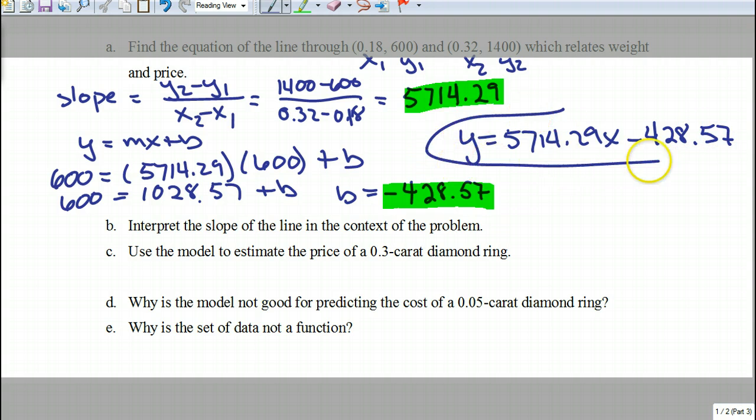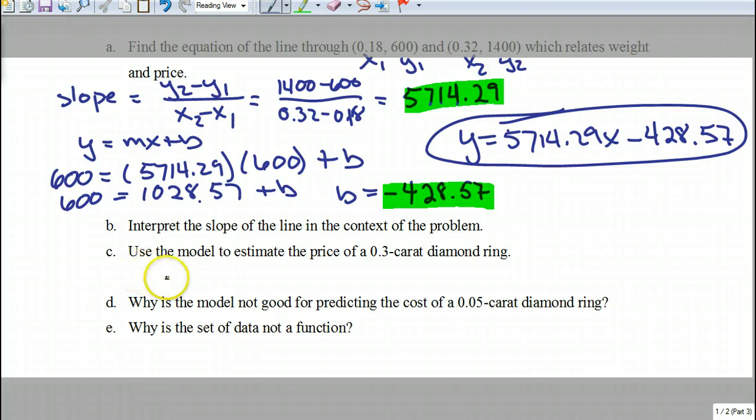So this is my equation. Part B says, interpret the slope of the line in context of the problem. Basically, it's saying that for every carat that is increased in the weight of the diamond, the price or the worth of it goes up by $5,714.